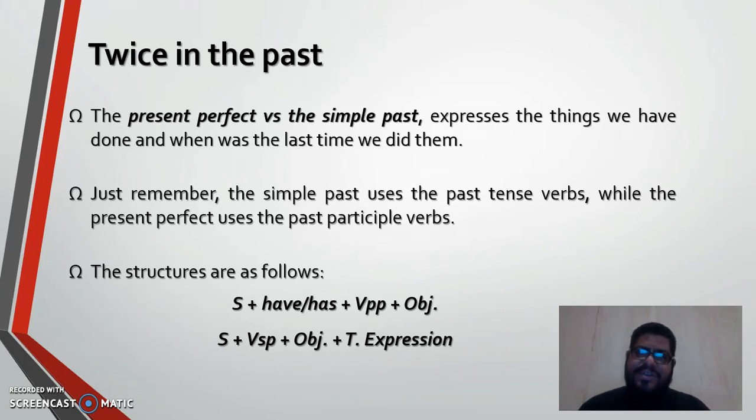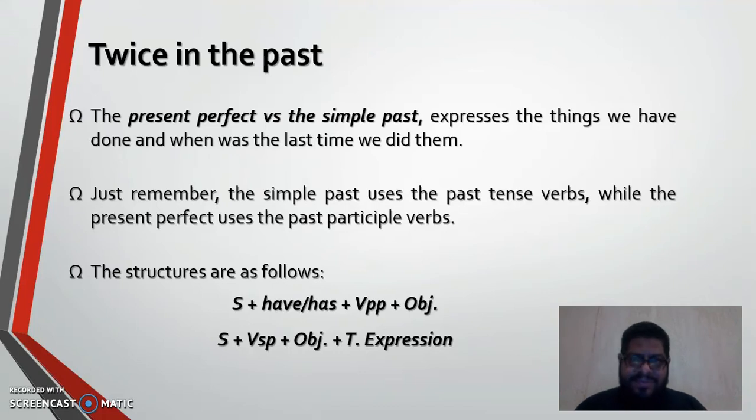Hence, we consider them as the indefinite past. But we use the simple past to refer to actions that happened in the past, and we mention when they exactly happened. That is the main difference.